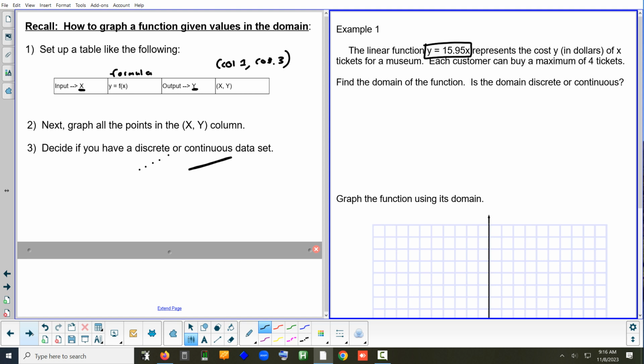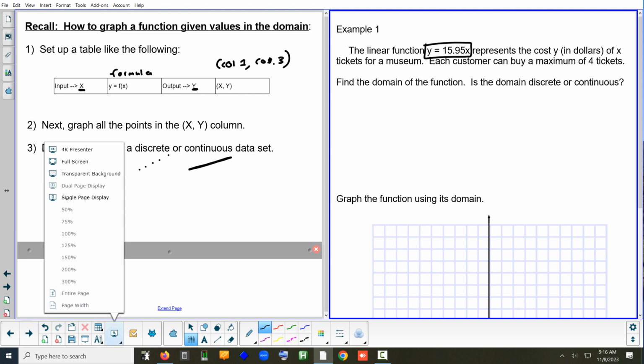Now, it says each customer can buy a maximum of 4 tickets. So in this case, I said you could pick any X value you want, but they are limiting us here. You couldn't let X be 5 because you can only buy 4 tickets. So 4 is the highest. So it says find the domain of the function. All right, let's start with that.